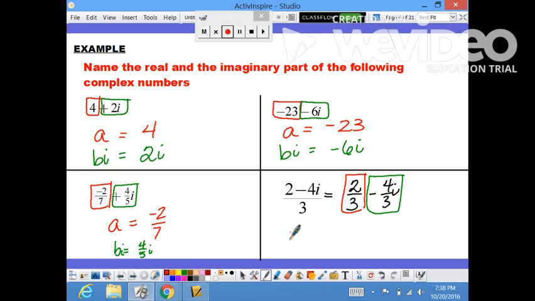So the real part is a, which equals 2/3, and the imaginary part is bi, which equals -4/3i. Make sure that when you're writing this, remember, complex numbers are written in the form of a, your real part, plus or minus bi, your imaginary part.